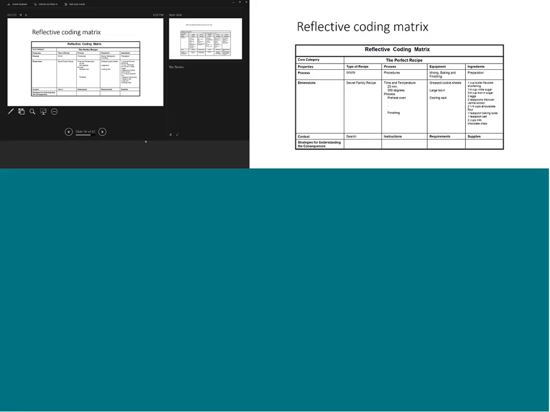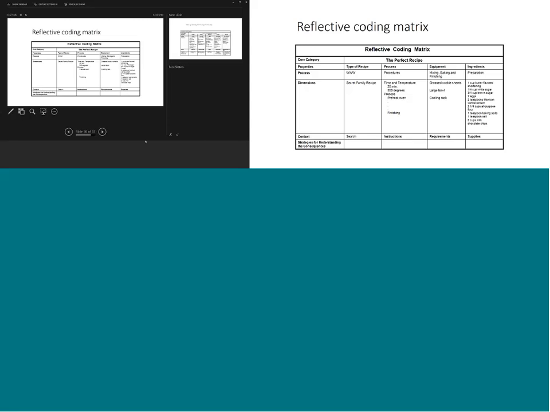This is the matrix that you can use to begin to understand what's going on here. So this is the one that I've just simply built for our first participant. My core category that I'm playing with right now is the perfect recipe. Properties are type of recipe, the process, equipment, and ingredients.